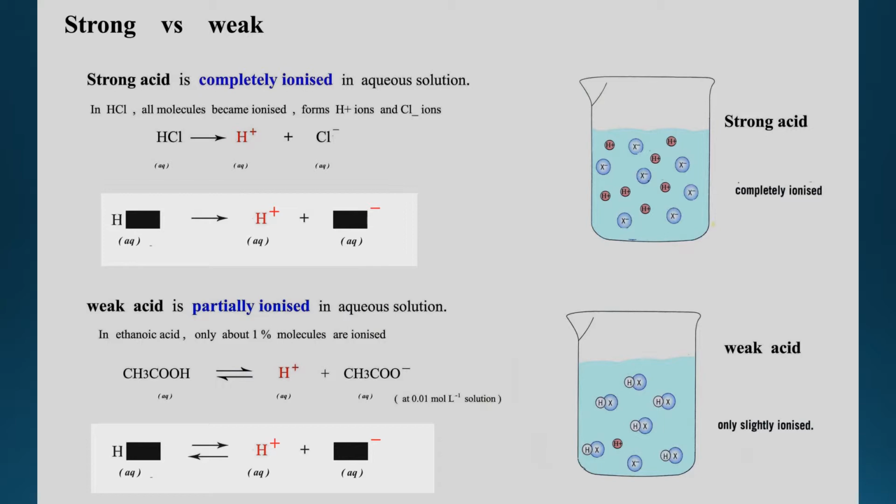Say if you have 10 pieces, 9 will still be contained here as molecules and only 1 is ionized. If you have 10 molecules on top, they all will become 10 ionized. So keep this in mind. The way to write a strong acid is a single arrow. The way to write a partially ionized acid is a double arrow.